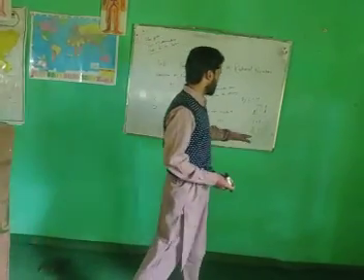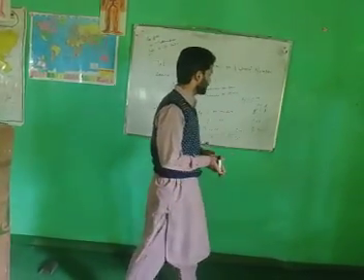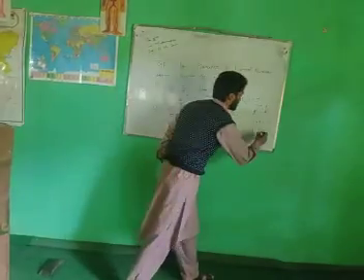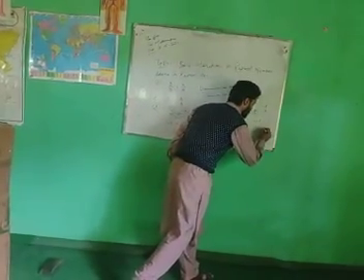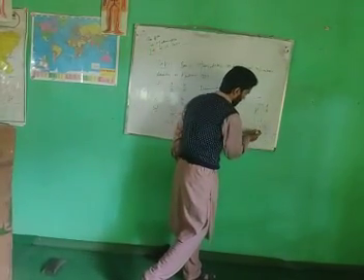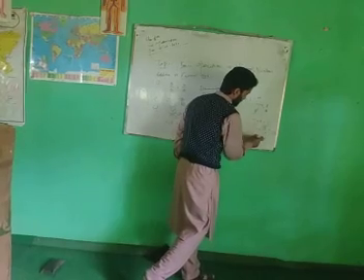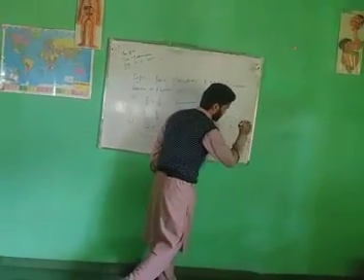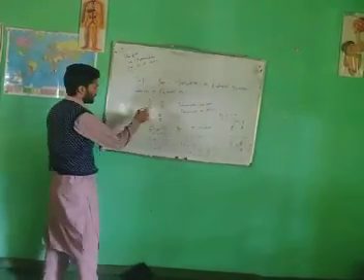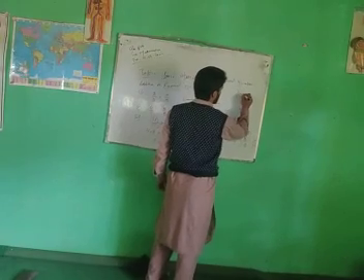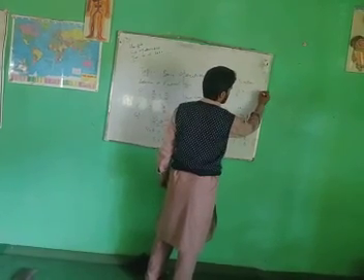We have to multiply 7 by something so that it becomes 56. 7 into 8, that is 56, and we have to write there also 8. Why? Because when we cut them, it will once again become 4 by 7. 4 into 8, 32.